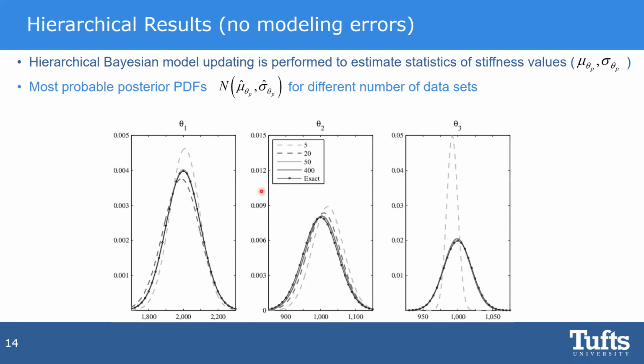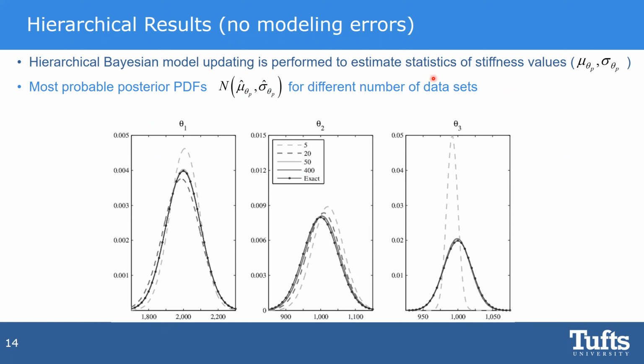Now, I can do my model updating using the first 5 days, the first 20 days, the first 50 days, and the first 400 days. And then I only update the mean and standard deviation of my parameters, which are stiffness.